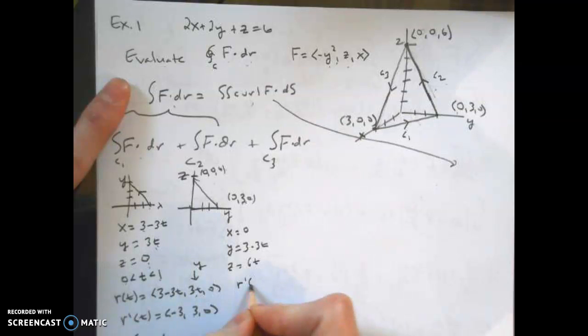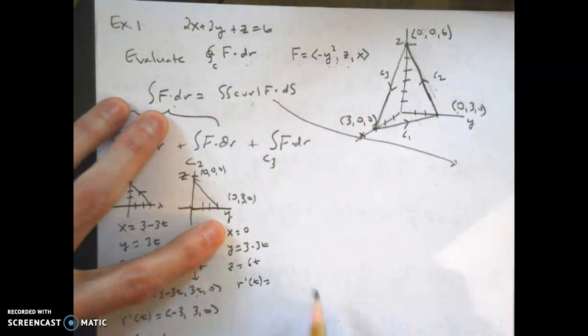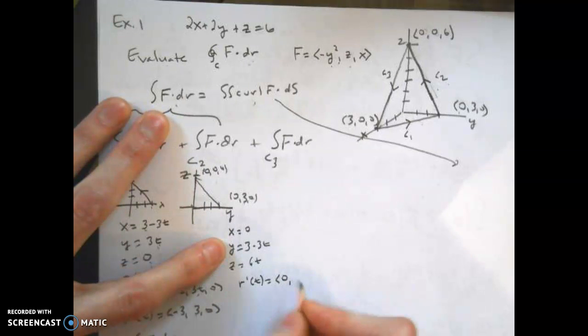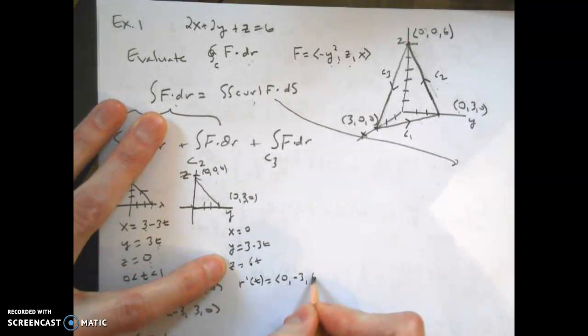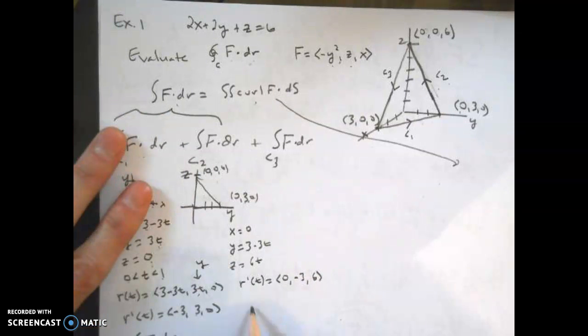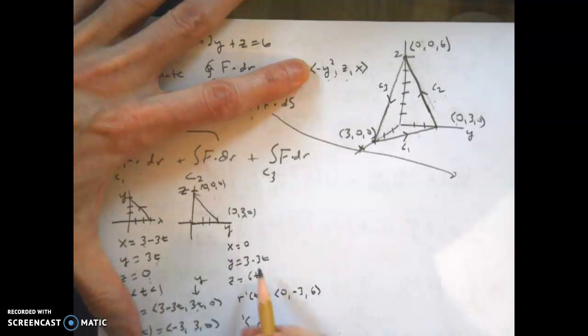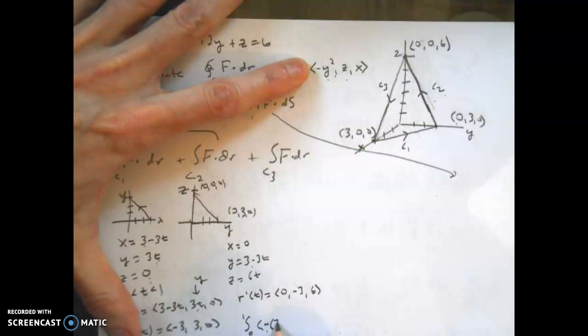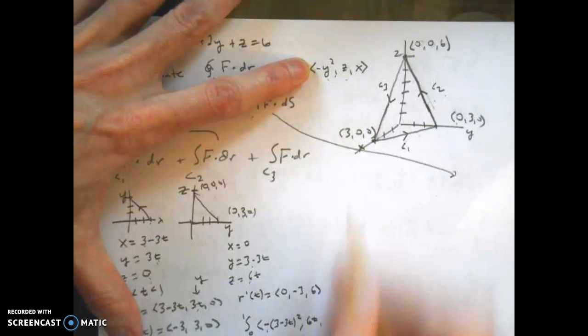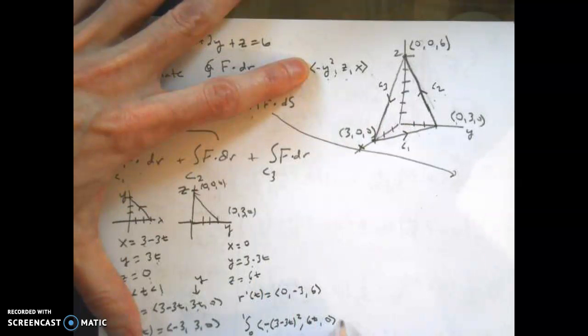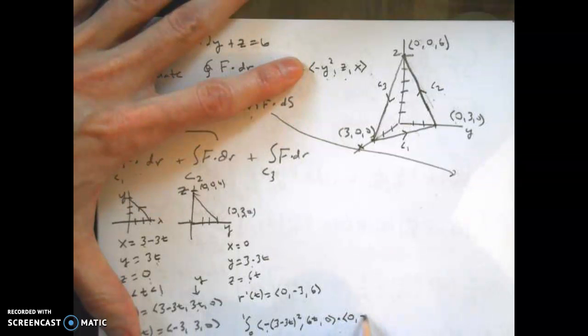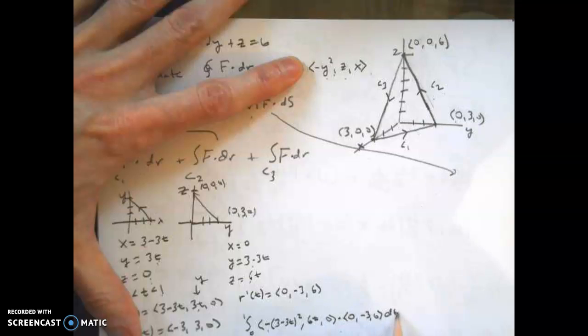So r prime of t is dx/dt is 0, dy/dt is negative 3, dz/dt is 6. I want the integral from 0 to 1 of F, which again is negative y squared, so negative this thing squared, z, 6t, and x, which is 0, dotted with r prime of t, 0, negative 3, 6, dt.